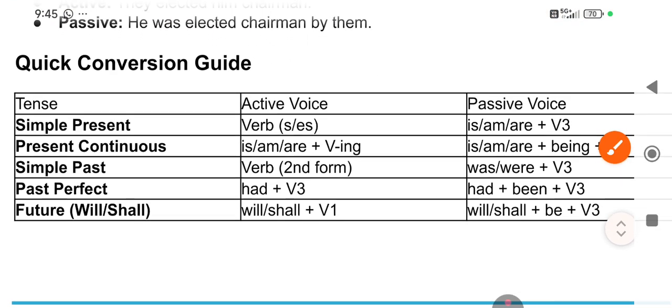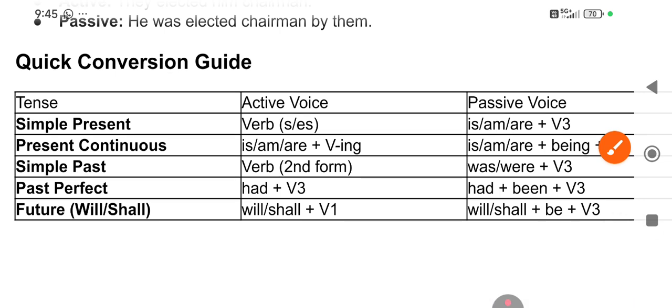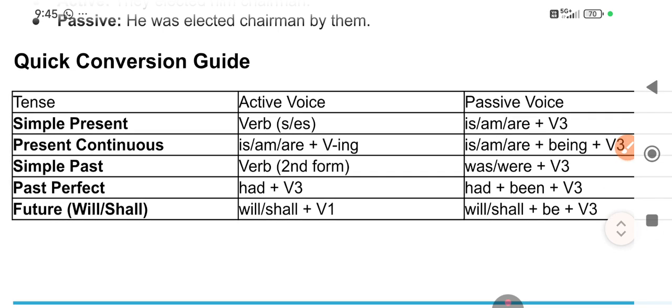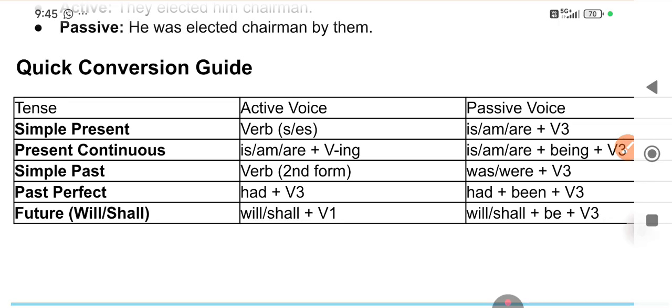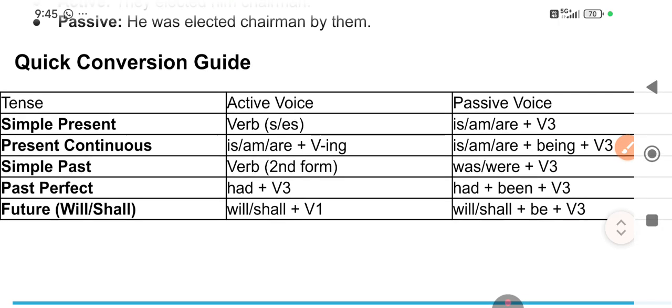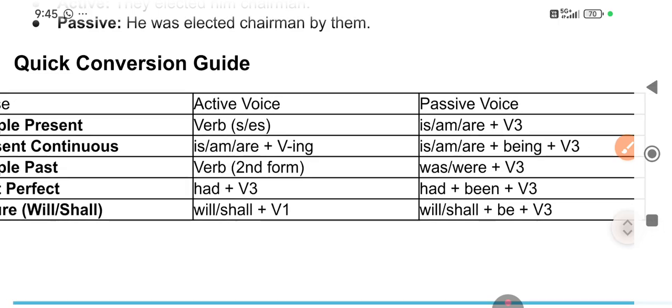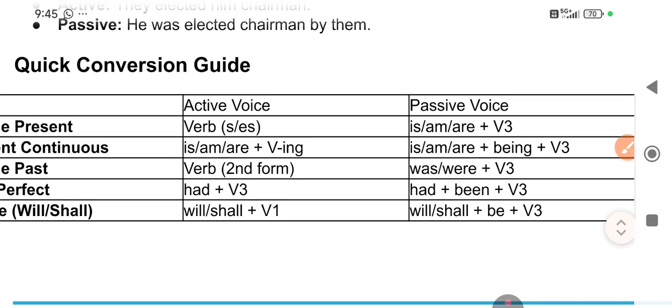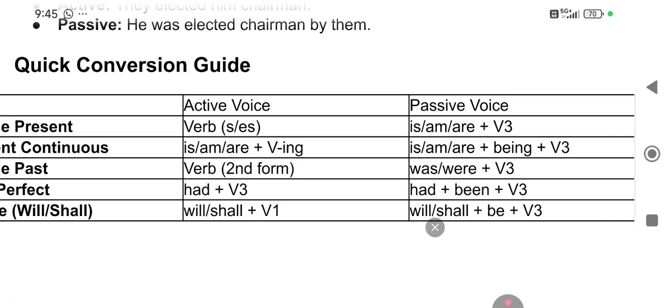So here we have seen 10 different types of sentences for active to passive voice. This is the quick summary. Here we can see the simple present tense, this is the active voice.